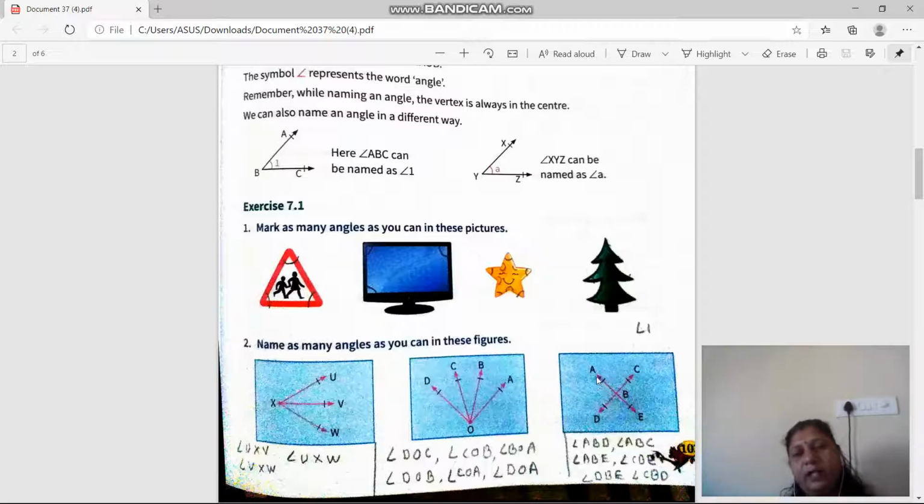Here. A, B, D, D, B, E, B, C, C, B, A. 4 angles. Now, A, B, E and C, B, D. Get it? How many angles are here? 6.